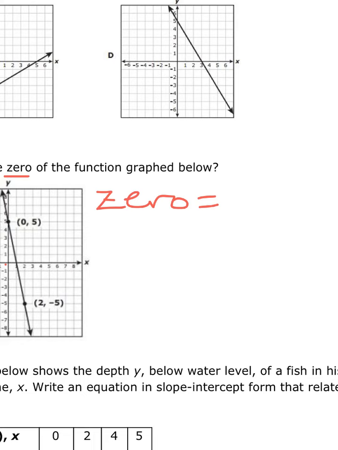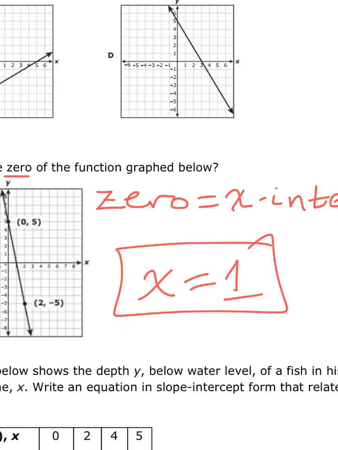Your 0 is your x-intercept. What's this? Oh, so 1? Yep. So here I'd say x equals 1. Don't worry, there's another one like this.